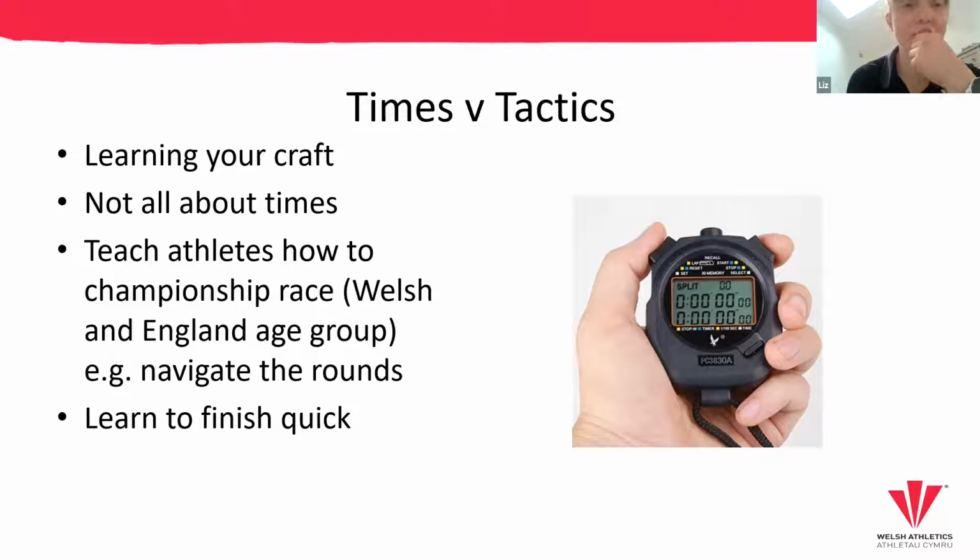What I am saying is that there can be this preoccupation with times, and as I'm sure you're all aware, tactics within endurance is an important element of our event group. What we could call that is learning our craft, learning how to run, learning how to race, and that's an important competition focus for athletes at this stage. It shouldn't all be about dropping into a BMC event or a local paced event to try and get a fast time. There's a time and a place for that, but there's also this need to learn how to race as well.